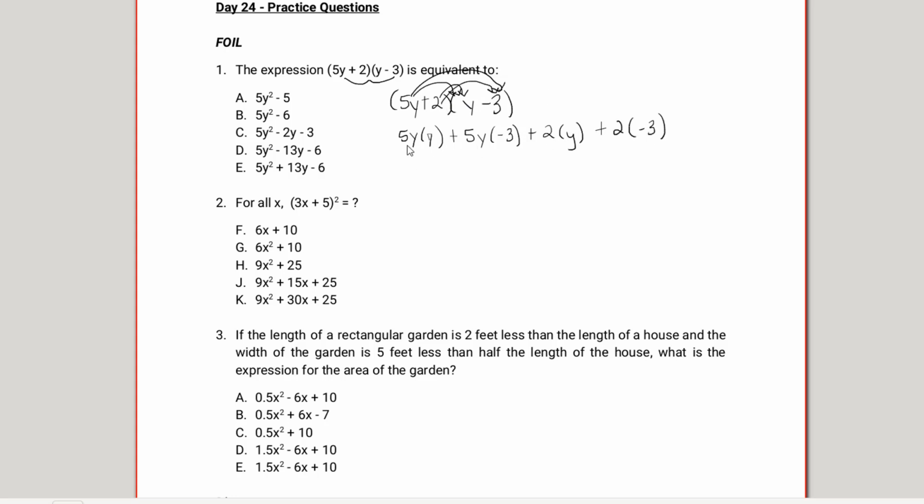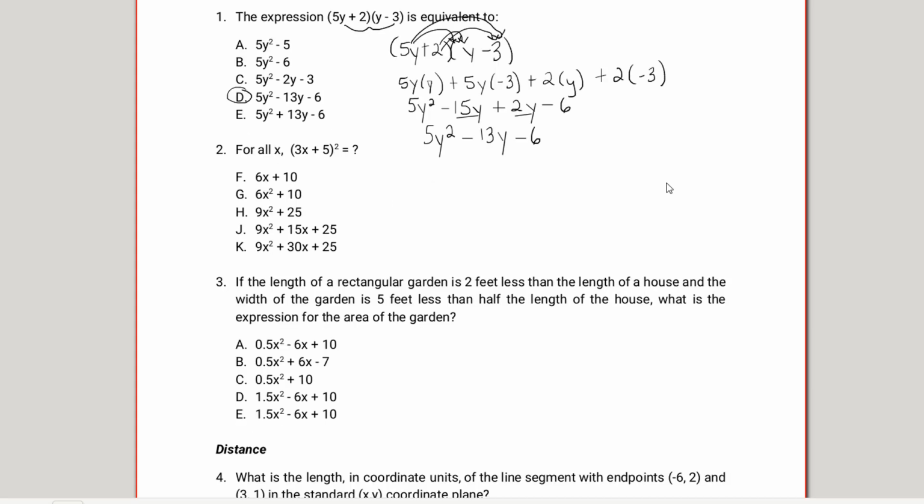Let's multiply, and 5y times y gives us 5y squared minus 15y plus 2y minus 6. Let's combine like terms, and we just have the 5y squared. We've got 2 y terms, a minus 15y plus 2y. That gives us minus 13y, and then minus 6. And that corresponds to answer choice D.